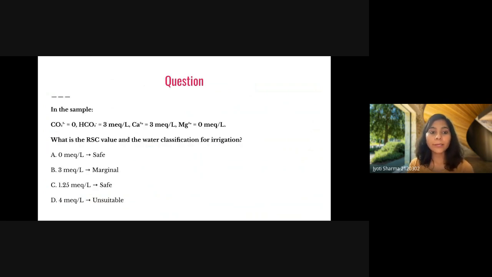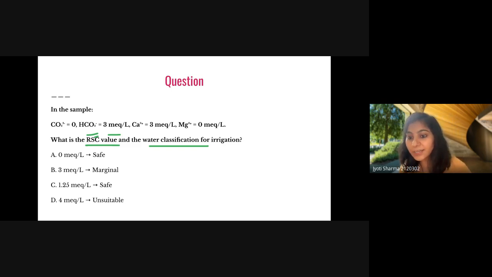Okay, can you calculate here the RSC value and classify whether our water is useful for irrigation or not, whether it comes under the safe threshold, marginal threshold, or unsuitable threshold? So what was that residual sodium carbonate value? Why is calcium carbonate taken as the equivalent benchmark for the standard?